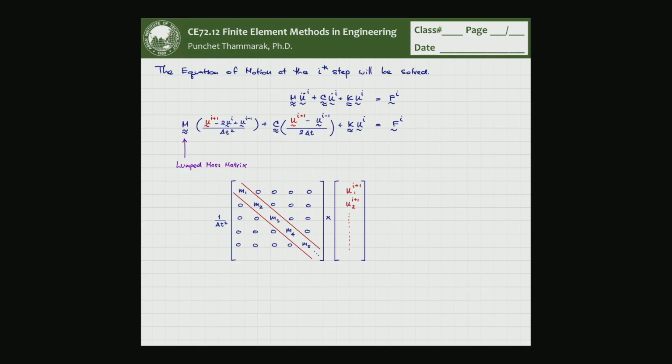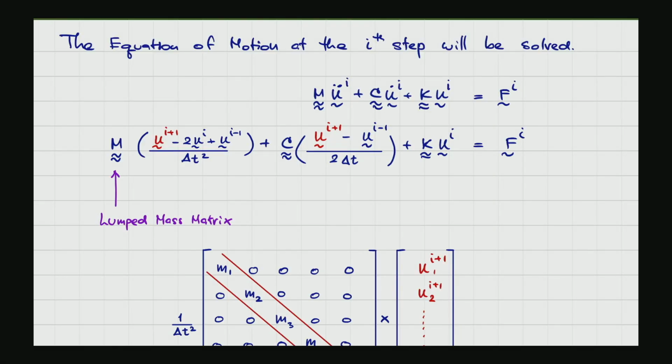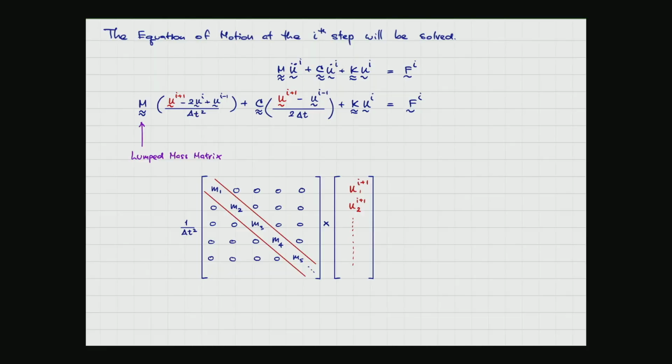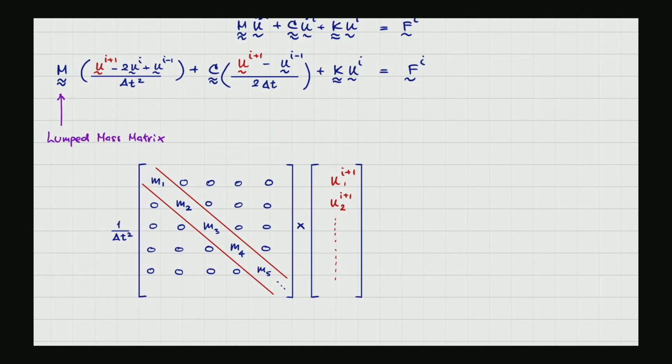So what's going on with the other things? At step i or step i minus 1, they are all known, and since they are all known, they are equal to, first of all, you have the f i on the right hand side. You need to minus the k u i.